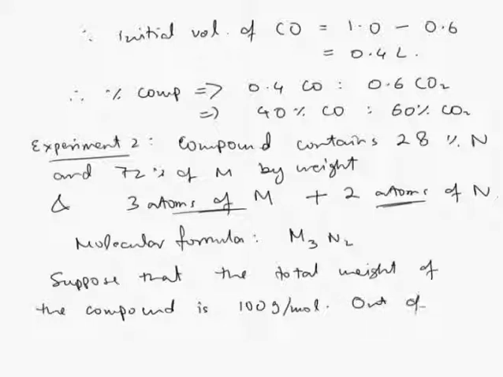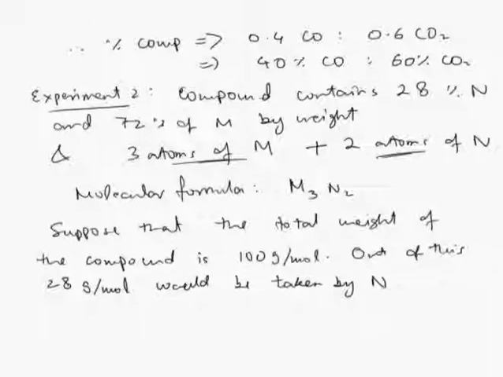Out of this, 28 gram per mole would be taken up by nitrogen, because it says that 72% is M and 28% is N. So definitely out of 100, 28 would be taken by nitrogen.